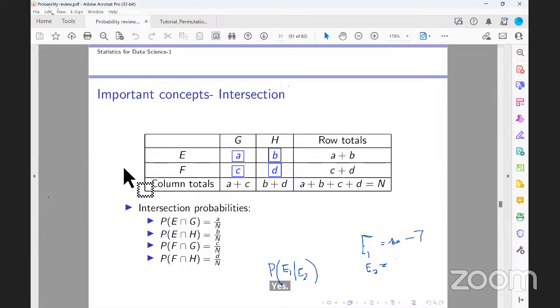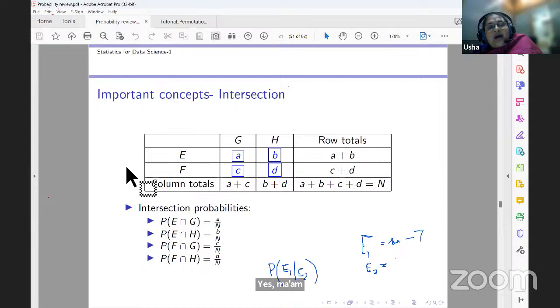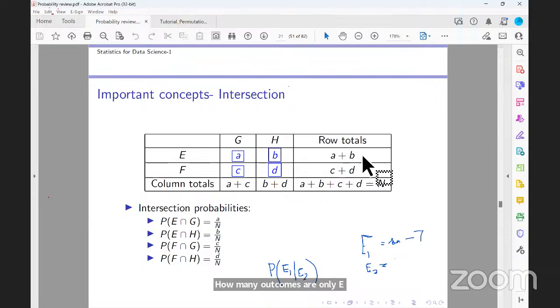What I want you all to see is, I'm conditioning the G happening on E. How many outcomes are only E? A plus B, right?